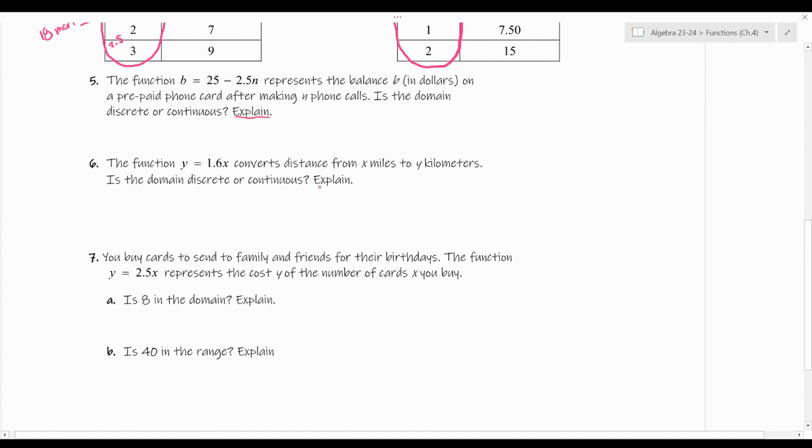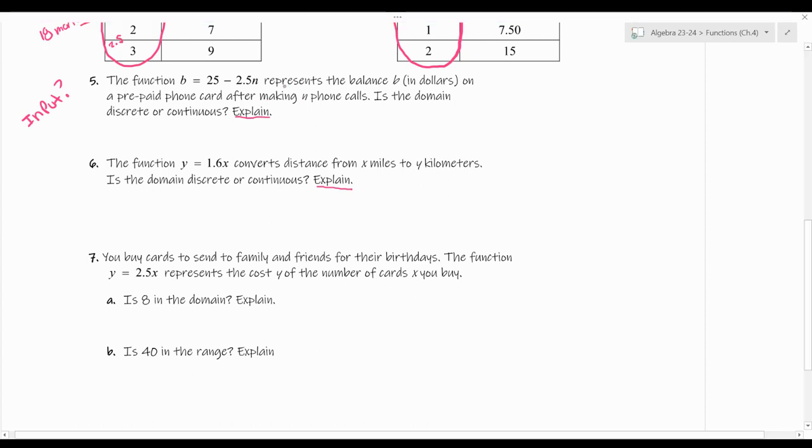When it says explain, we are actually going to write a sentence with a capital letter and a period. If I'm trying to figure out discrete or continuous, I have to know, what do you think my x value is, or what is my input? So I'm just going to write off to the side, input, question mark. An input is what we're trying to put in to figure out an output.